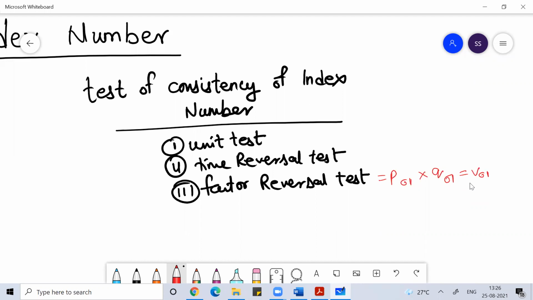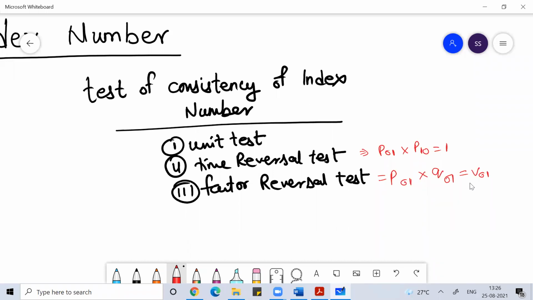That is the factor reversal test. Time reversal test means P01 into P10 should be equal to 1. That is the time reversal test. So in the case of time reversal test, we talk about this relationship.